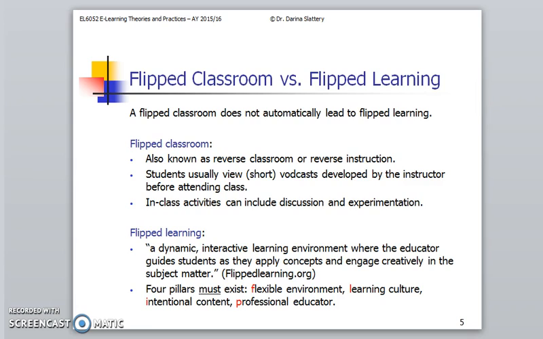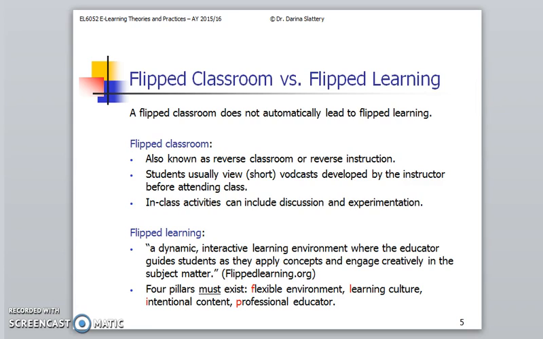Now the concept of flipped learning uses the features of flipped classrooms, but according to flippedlearning.org, for it to be true flipped learning, you need to have these 4 pillars. And I have a link to the PDF here at the end of these slides. So you need to have a flexible environment, there needs to be a proper learning culture, there needs to be intentional content, and you need a professional educator.